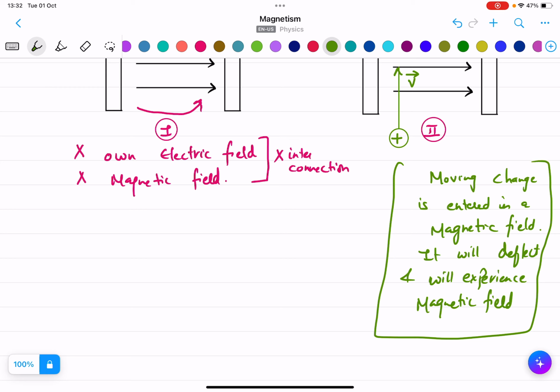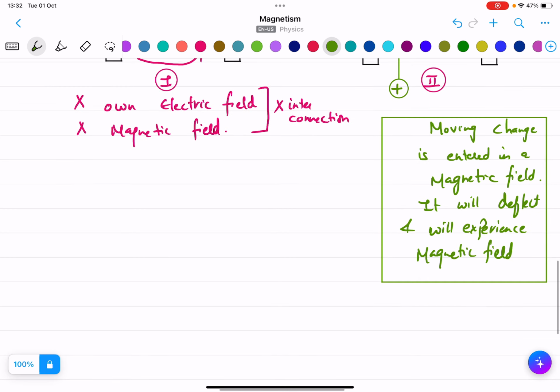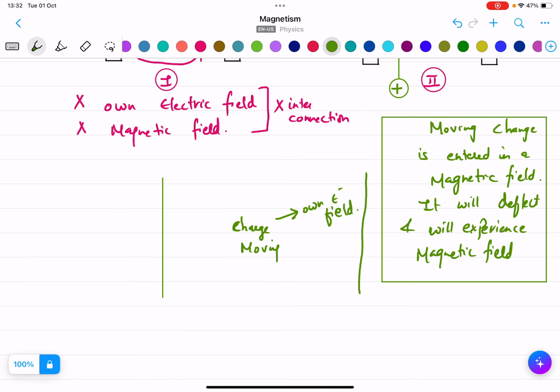I'll explain it now. If the charge is moving, this charge has its own electric field, and then it is placed in a magnetic field. It has its own electric field and its own magnetic field.